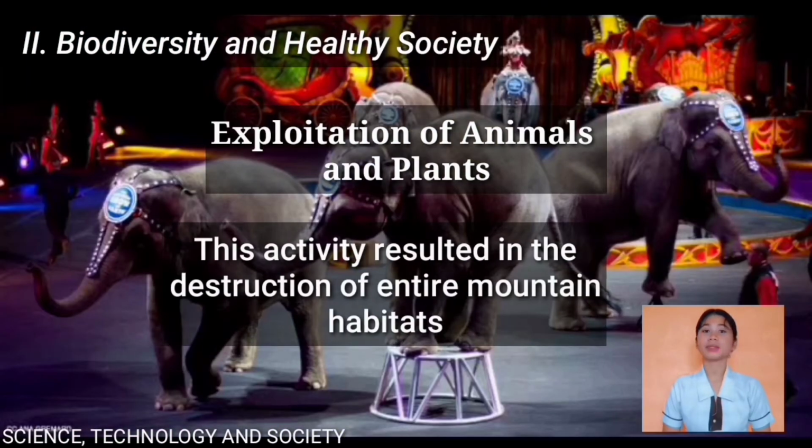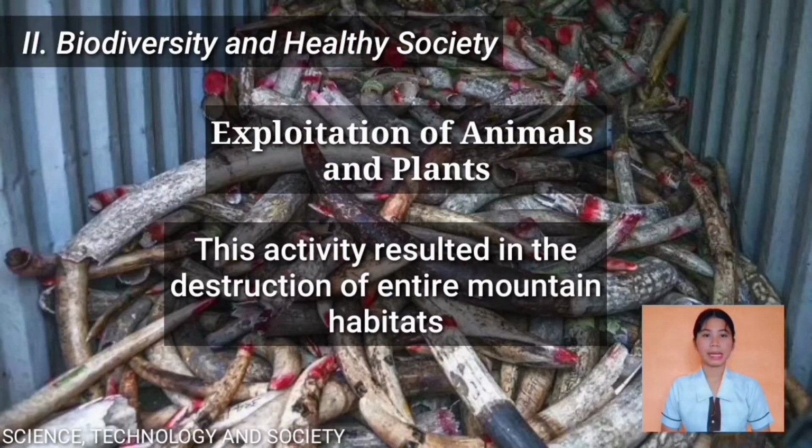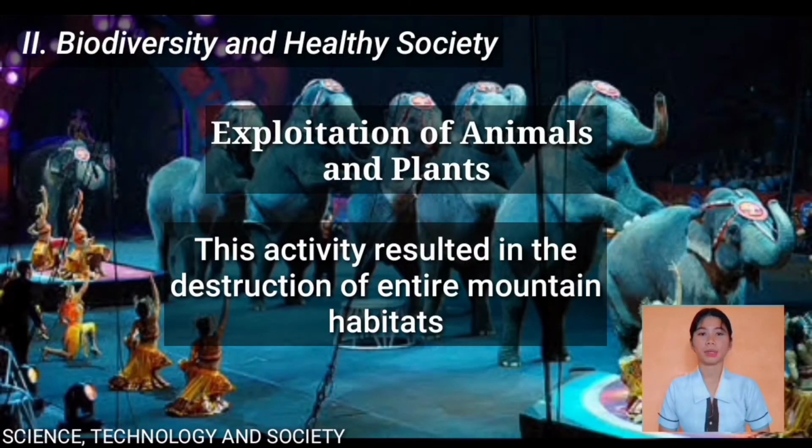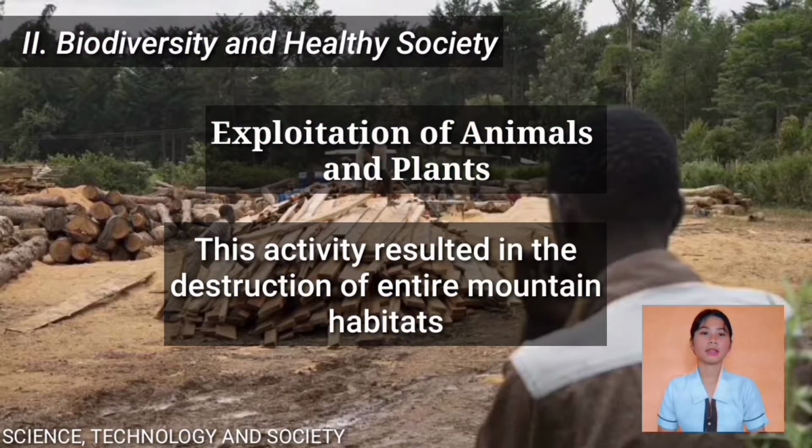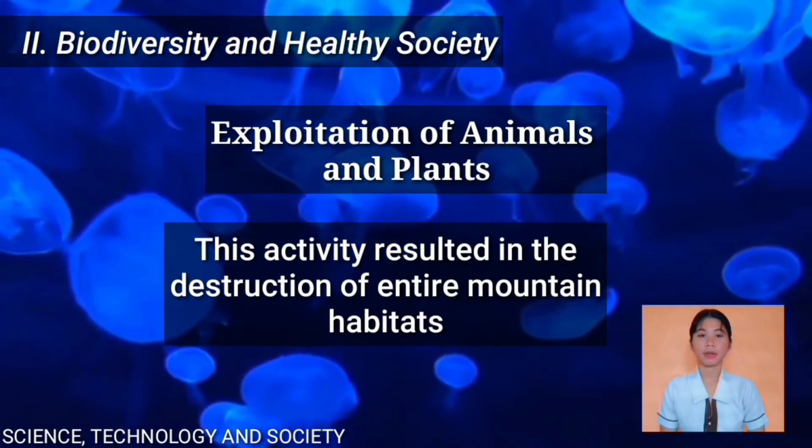This activity has resulted in the destruction of entire mountain habitats. This exploitation of animals and plants is somehow an illegal activity of humans. They do it somehow for money, since exotic plants and animals are very expensive to sell.